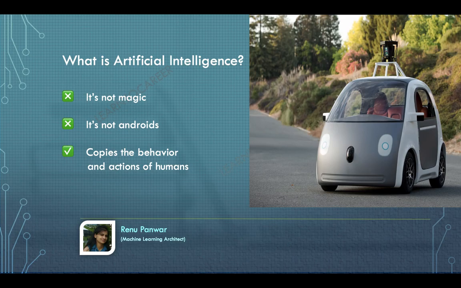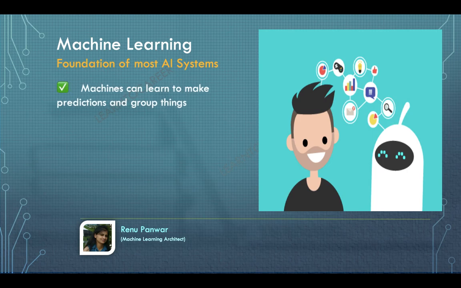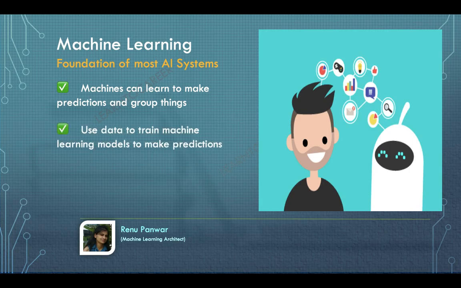Okay, so now that we have an idea of what AI is, let's break it down into its key elements. So, first up, we have machine learning. Machine learning is the foundation of most AI systems and is how a machine can learn to make predictions or group things. So, hold up now. How can a machine learn, you ask? Well, we can use data to train machine learning models so the computer can make predictions.